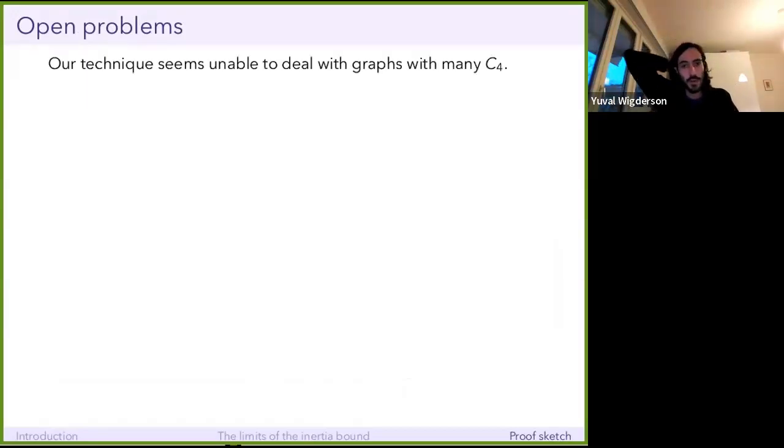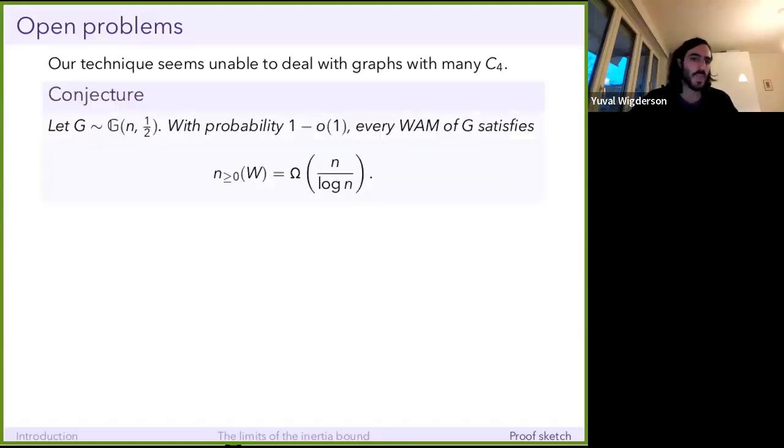So one kind of annoying issue is that our technique really seems unable to do anything for graphs that are not C4-free or that have maybe many C4s. A particularly nice class of graphs that I care about a lot are uniformly random graphs.